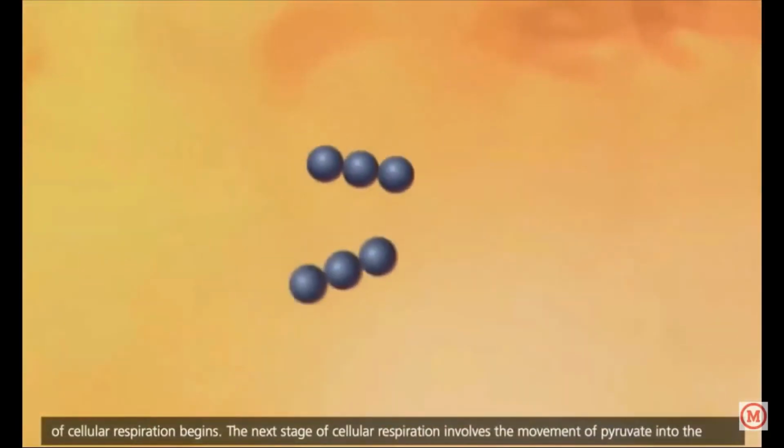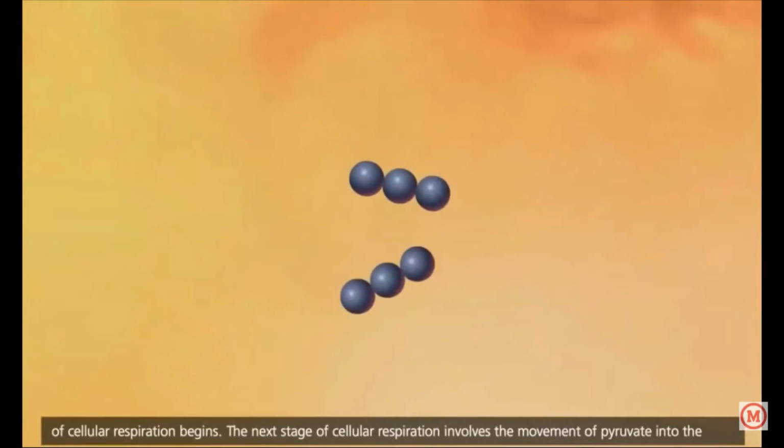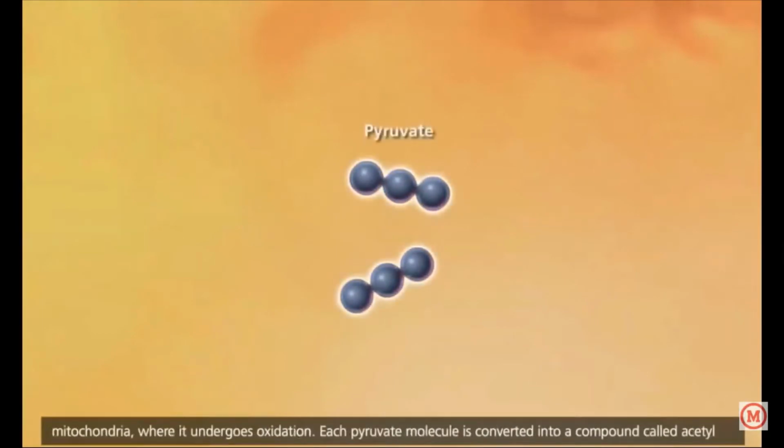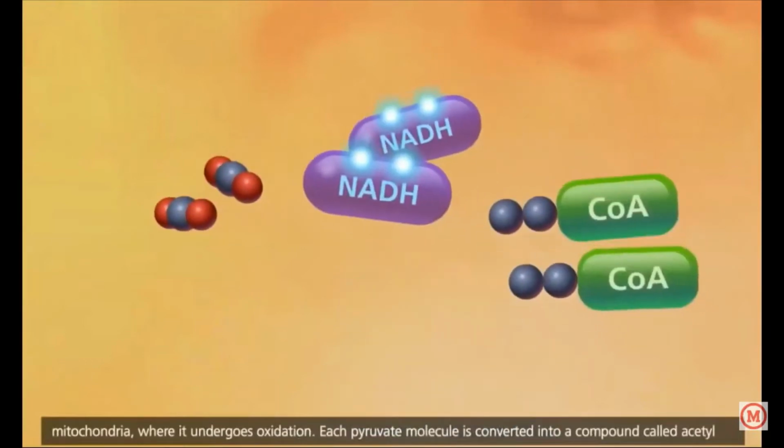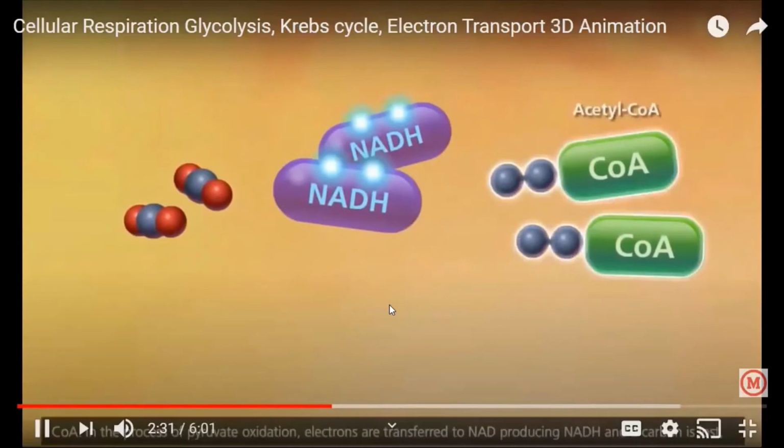The next stage of cellular respiration involves the movement of pyruvate into the mitochondria, where it undergoes oxidation. Each pyruvate molecule is converted into a compound called acetyl-CoA. So first, pyruvate, which is a 3 carbon compound, is broken down into a 2 carbon compound, as you can see in front of you.